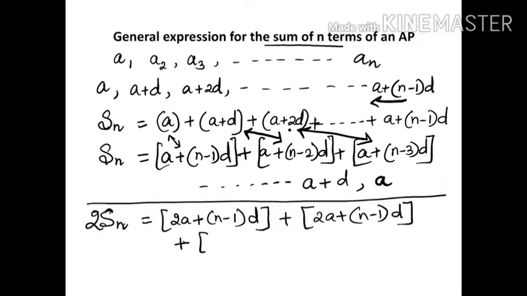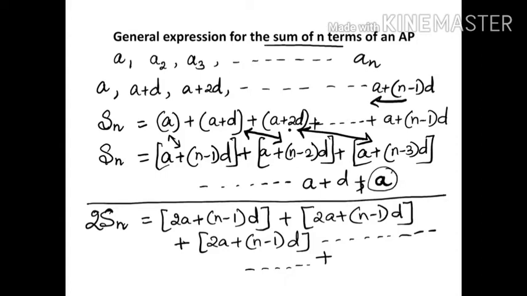The third term will also turn out to be 2a plus (n minus 1) times d. Likewise, the last term. The last term here is a, and in the first list it is a plus (n minus 1)d. So on adding we get 2a plus (n minus 1) times d. So all terms are identical in this sum.